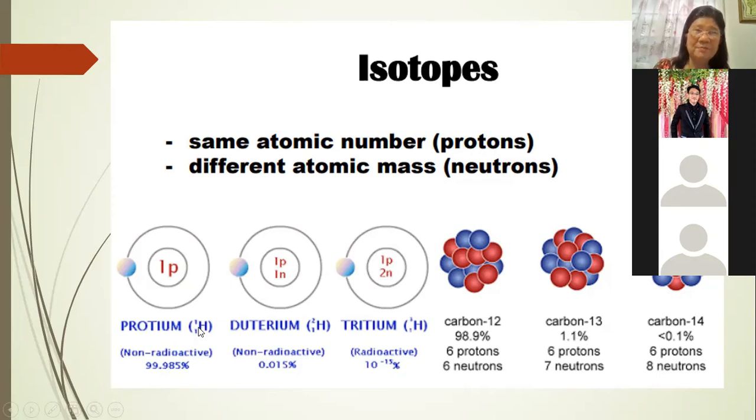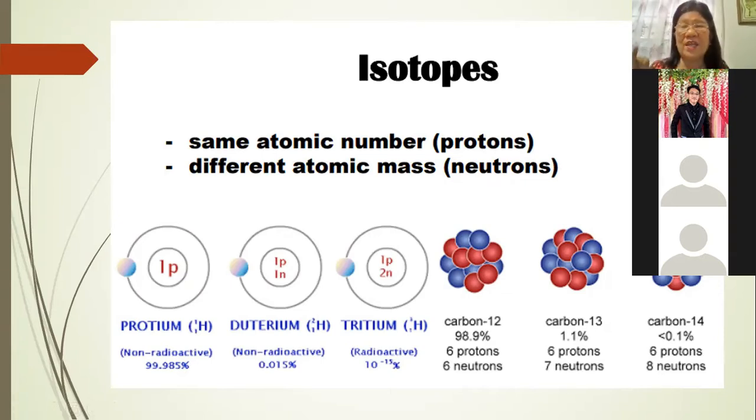So your protium has atomic number 1 and atomic mass 1. Therefore, the number of electrons is the same, 1, and the number of protons is also 1.